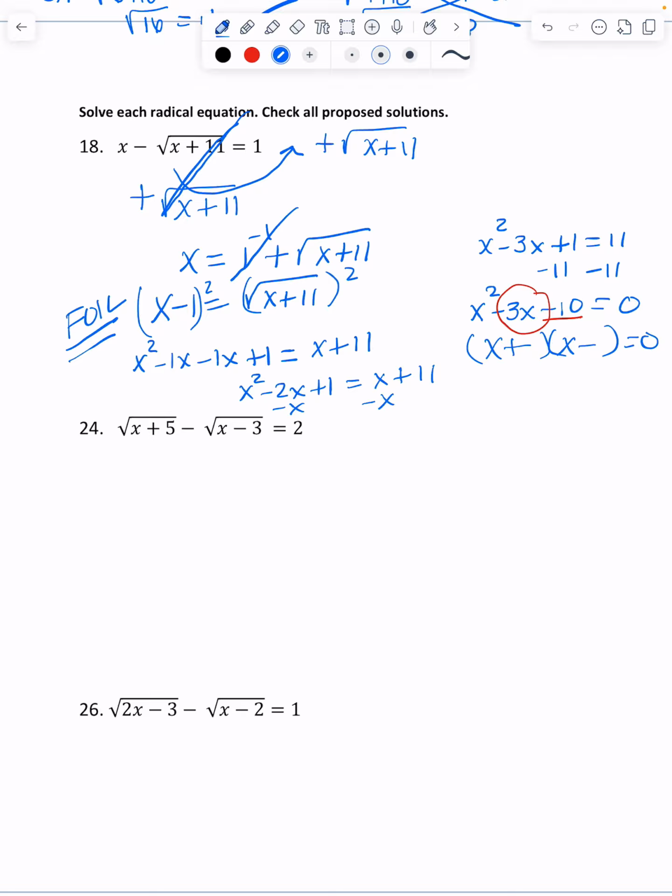So if we factored that, that would be 5 has to be negative, and a 2 has to be positive. So if we multiply those together, we get negative 10. If I add those together, I get minus 3x. So let's set them equal to 0.